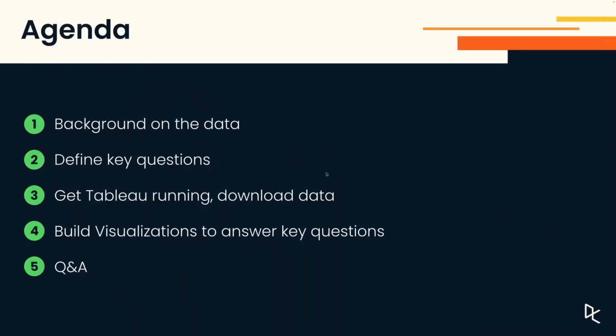For our agenda today, we're going to be looking at a couple of data sets on cancer cases and when people are diagnosed, what stage they're diagnosed at, and the cost for what happens by stage.